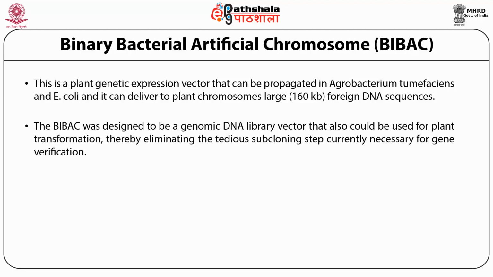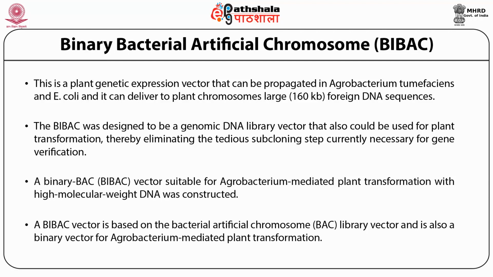The binary bacterial artificial chromosome, BIBAC, vectors combine two technologies. First is bacterial artificial chromosome and the binary vector strategy for agrobacterium mediated plant transformation. The binary bacterial artificial chromosome vector is suitable for bacterial host E. coli and Agrobacterium tumefaciens and is capable of maintaining at least 150 kilobase pair of foreign eukaryotic DNA in E. coli and also in Agrobacterium tumefaciens.